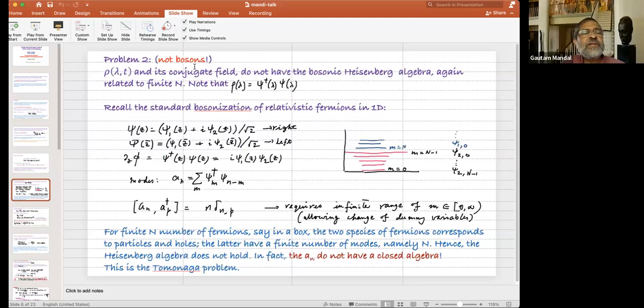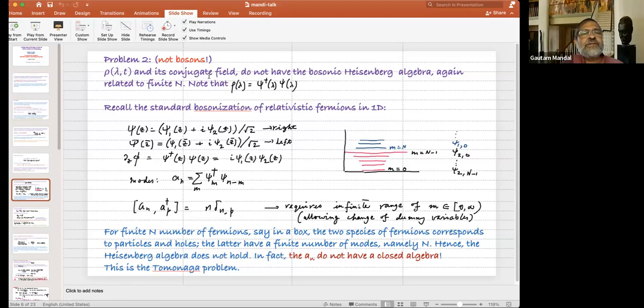So now the other problem, perhaps an even more fundamental problem, again related to finite n, however large, is the following: rho of lambda t does not correspond to a standard bosonic field which satisfies a Heisenberg algebra.